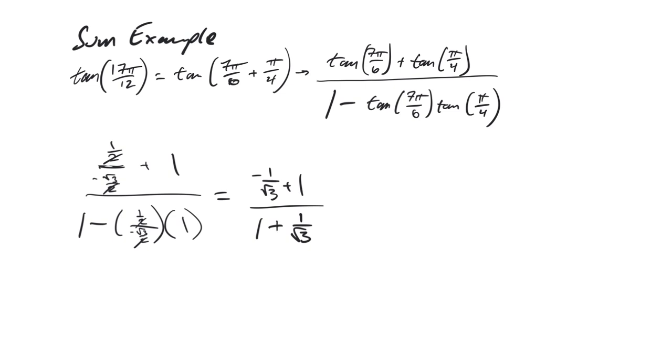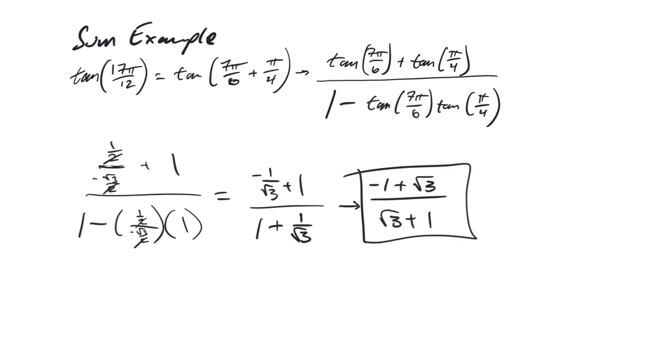Okay. We can rewrite this without irrational numbers in the denominator. So let's do that. So I get negative 1 plus radical 3 in the numerator, and I get radical 3 plus 1 in the denominator. Final answer, cannot factor, not going to worry about it. We're going to leave this in the form that it is. This actually is mathematically correct.